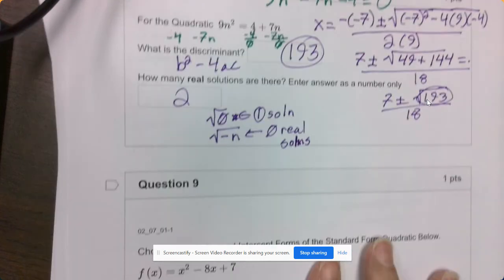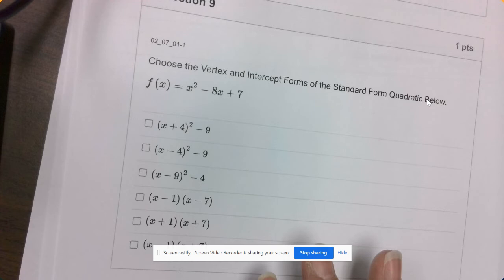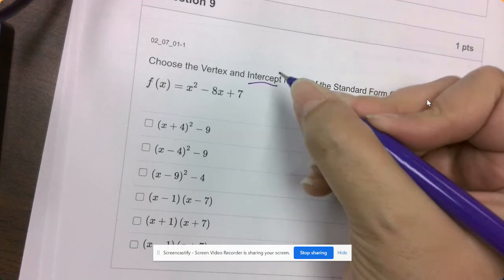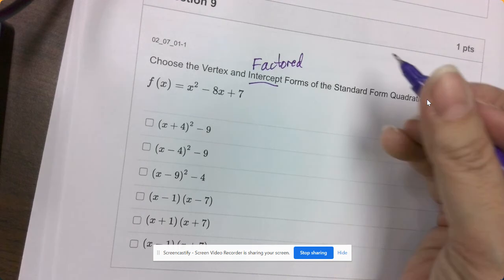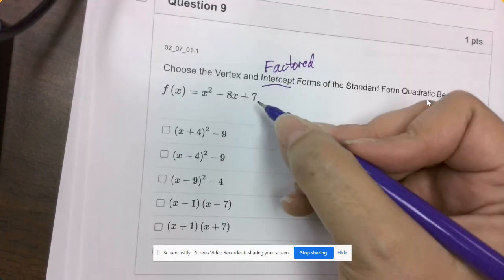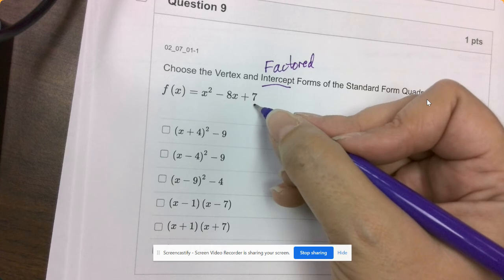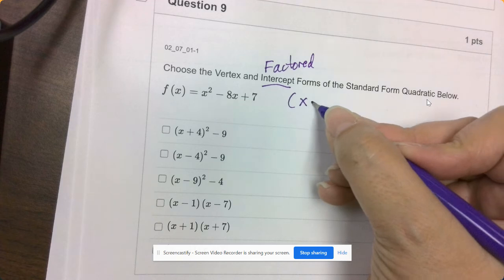Okay, so this one, choose a vertex in standard form below. Okay, so we can factor it to get the intercept form. Everybody, intercept form is also our factored form. So I look at this and go, okay, what times what? Well, 7, everybody, is prime, so just 7 times 1. This is negative, this is positive, so that means that they're going to be negative.